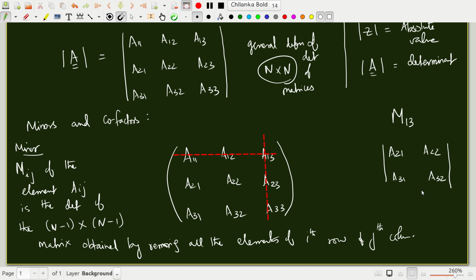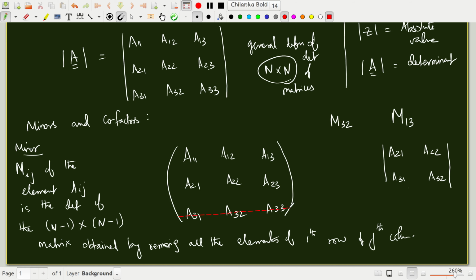Okay, now if you were to ask me what is the minor M32, what should I do now? Again, I will go to the third row and second column.